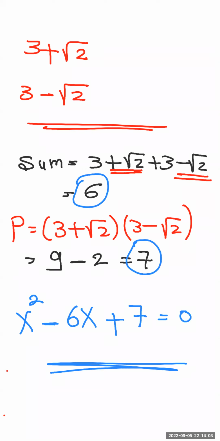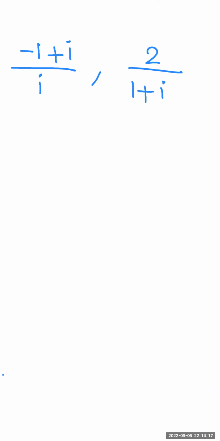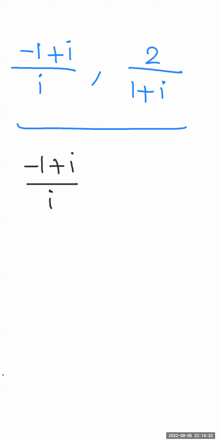Another question like that. If the two roots are (-1 plus i) over i and 2 over (1 plus i). Okay, first step is to get the sum, second step is to get the product. So here, the first term is (-1 plus i) over i. Now, guys, I'm going to simplify this one.